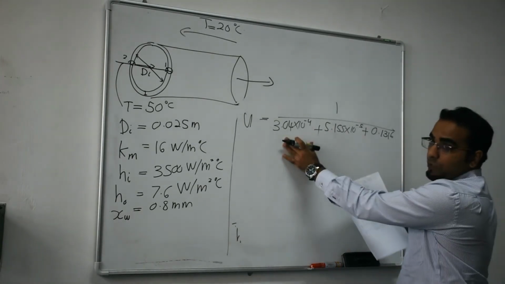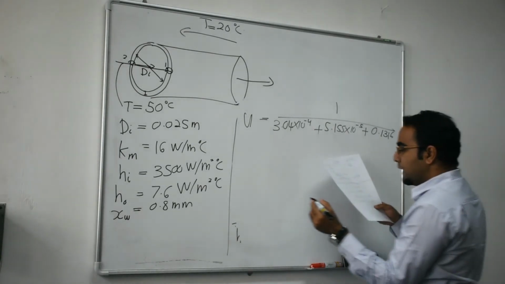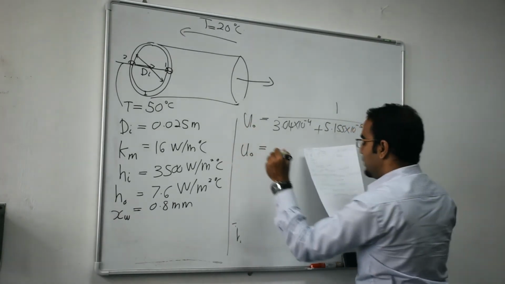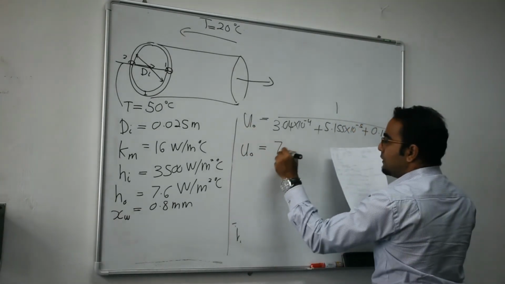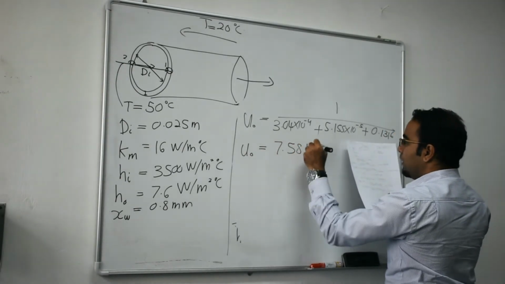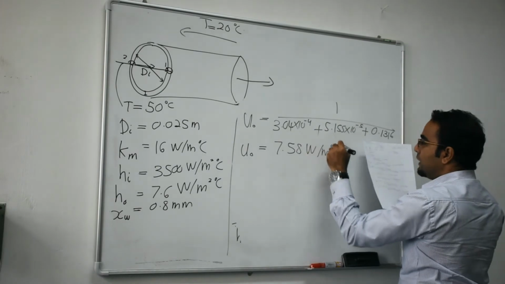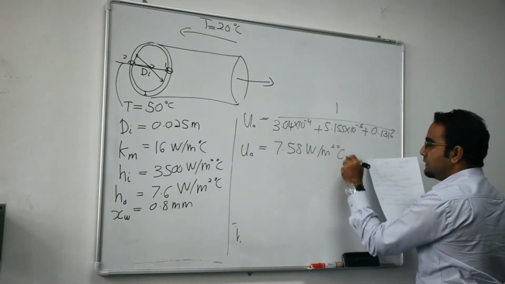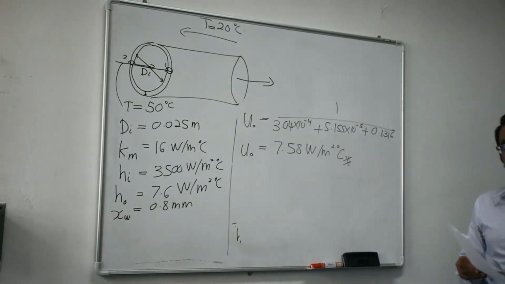Substitute, put in your calculator, you'll get a value of UO equal to 7.58 watt per meter squared degree Celsius. So this is the answer for the first part of the question.